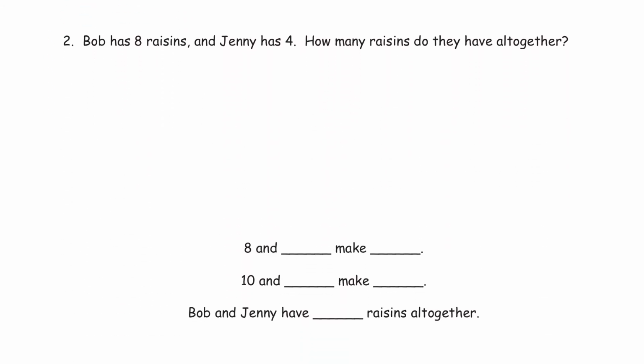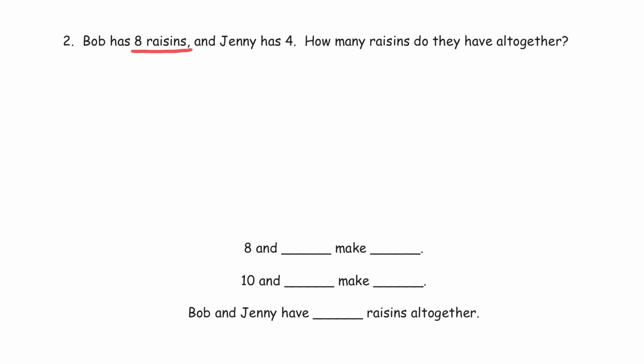Number 2 reads, Bob has 8 raisins and Jenny has 4. How many raisins do they have all together? First thing I would like you to do is to draw out some dots. So let's draw out Bob, who has 8 raisins.